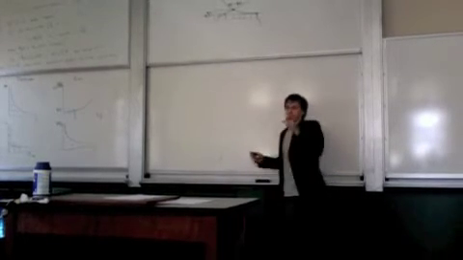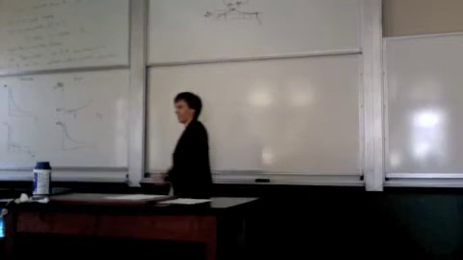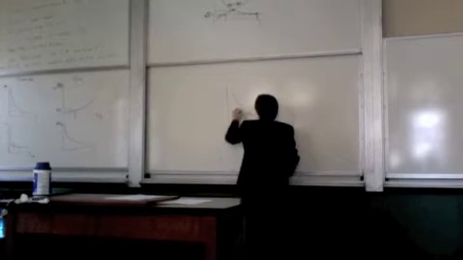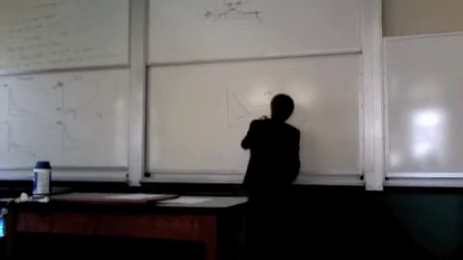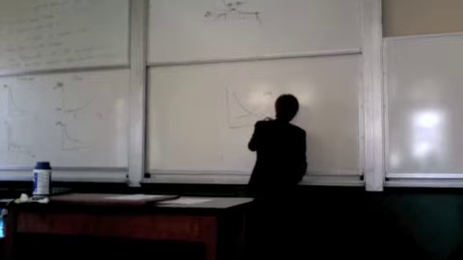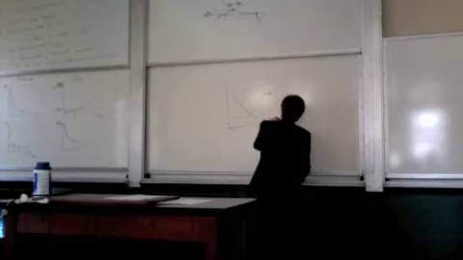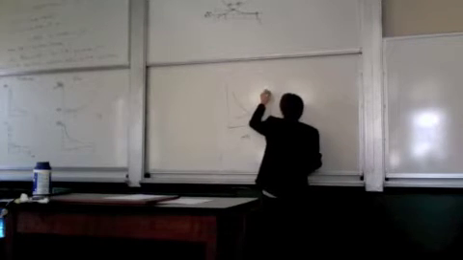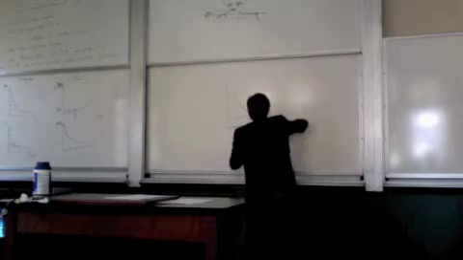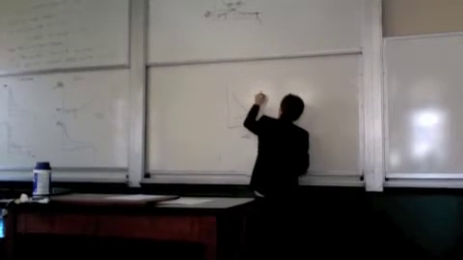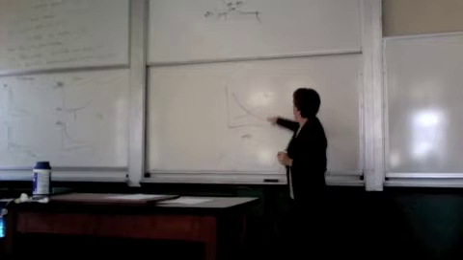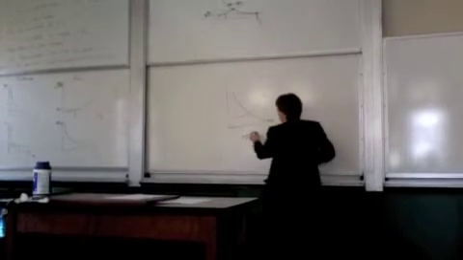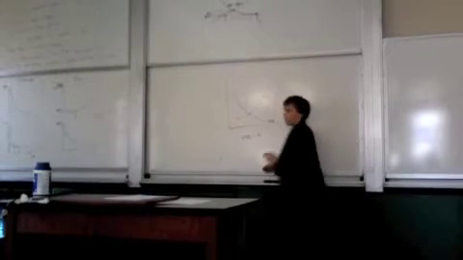All you have to do is set the firm's marginal benefit equal to the wages paid for labor, and you will find this intersection.